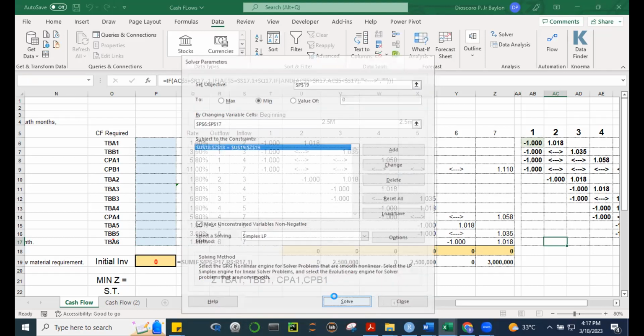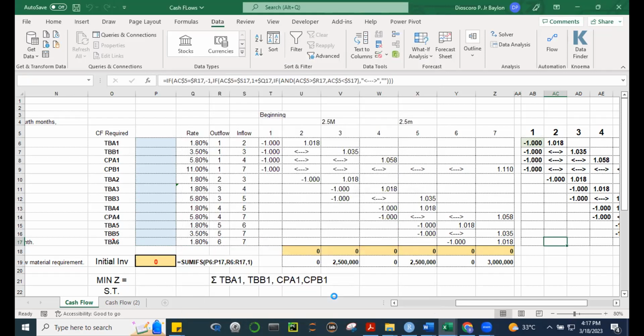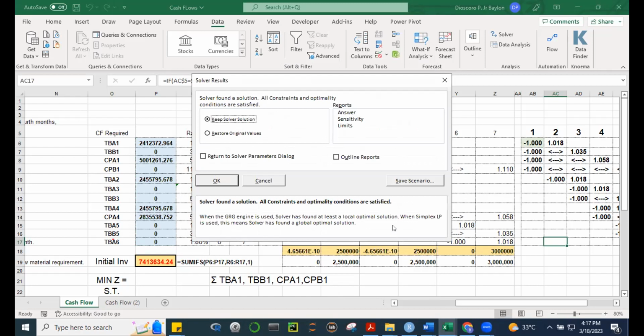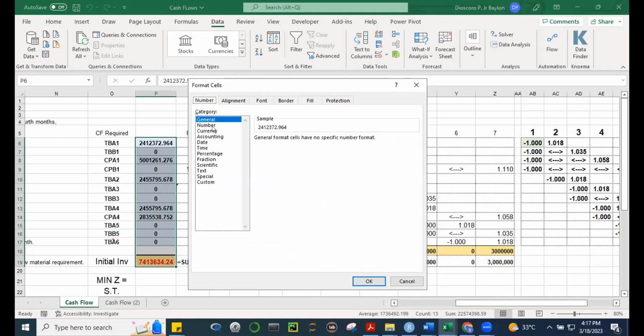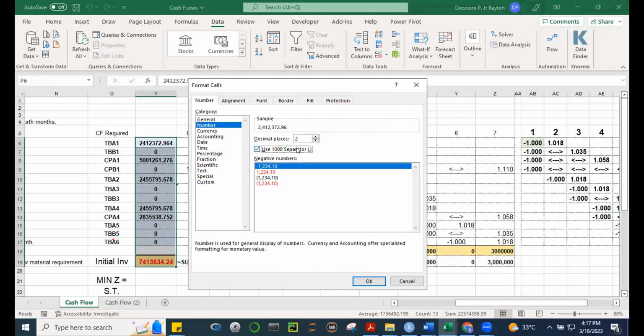Solve. Okay, Solver found a solution. All constraints and optimality conditions are satisfied. Let's check our solution. Okay, let's format this. Control 1. Okay, number. Let's just remove the decimal places.